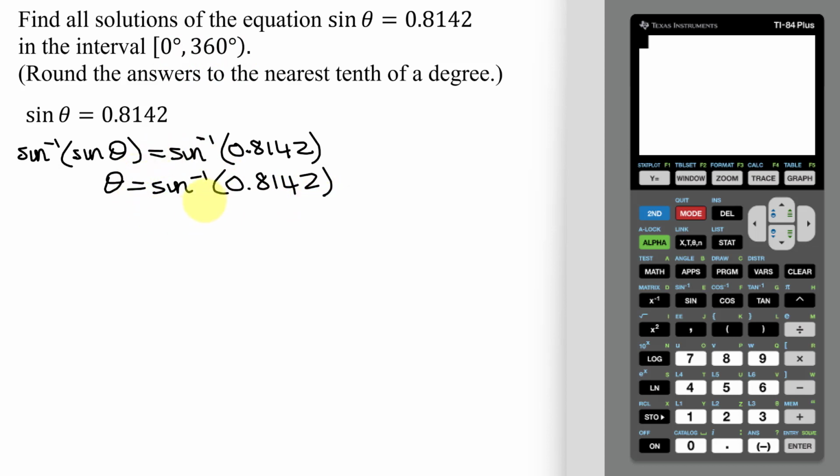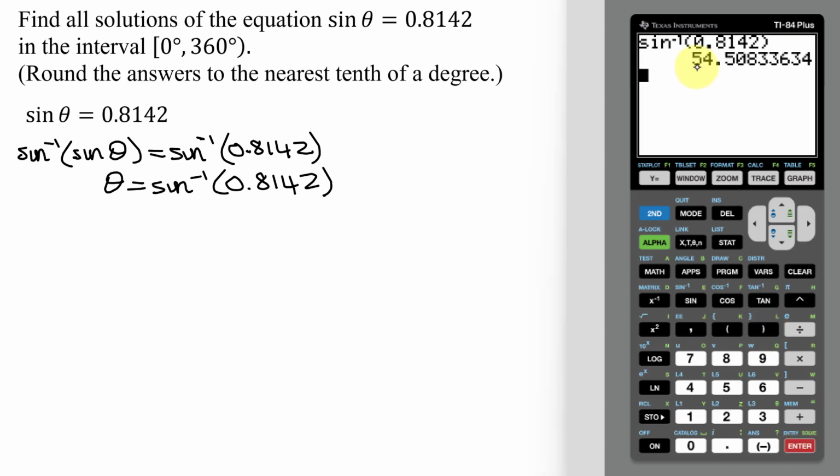I just need to type this in. The inverse sine function is in blue above the sine key, so I'm going to have to hit second sine. That gave me the inverse sine function. And now I need to put my value in of 0.8142. Close parentheses and hit enter.